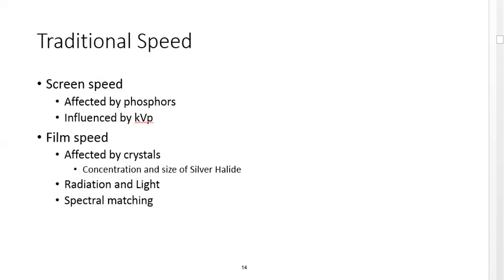So traditional speed, speed in context of any image receptor system, is its sensitivity to exposure. And in film, that's exposure and processing, because processing has a lot to do with contrast and density as well. But the way screens worked was that the remnant beam would come through the patient and interact on the screens, and the screens themselves would absorb some x-rays.